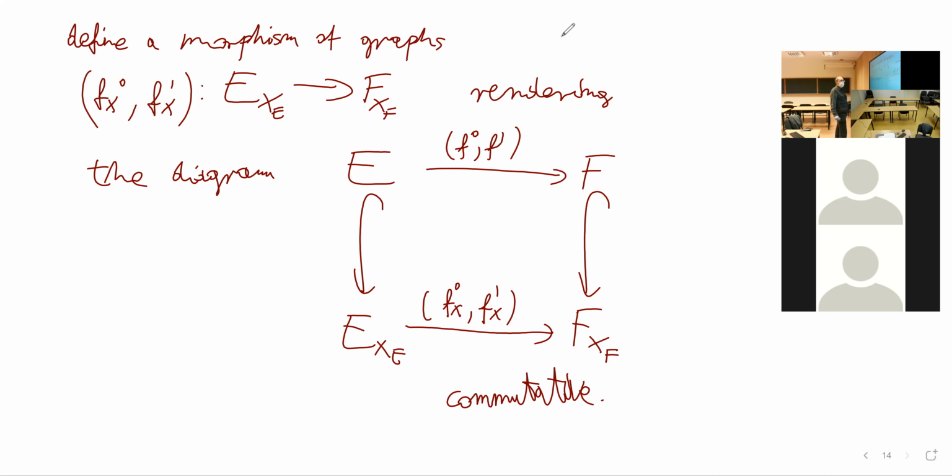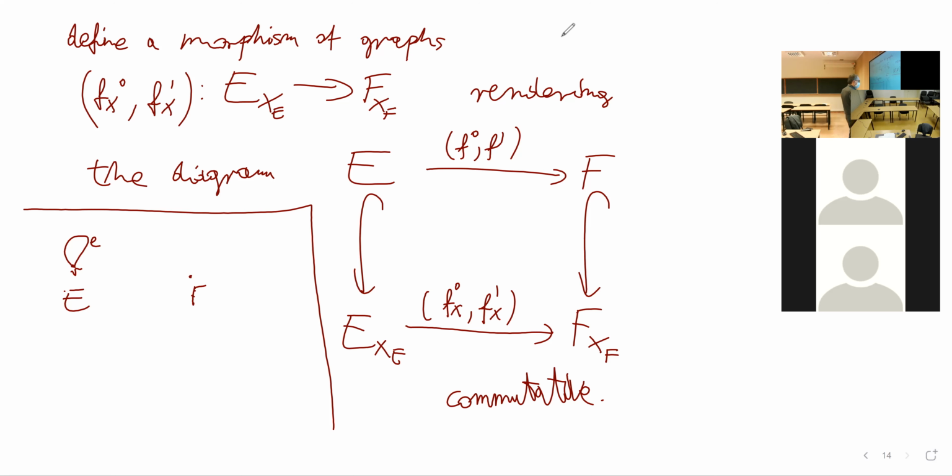Let me give you an example why. If I have one graph like this, so one edge, one vertex, and this is my E, and another graph which is just one vertex, P. I checked it: if you look at this more general definition of the morphism of graphs, path graph morphisms, then it's completely all right.